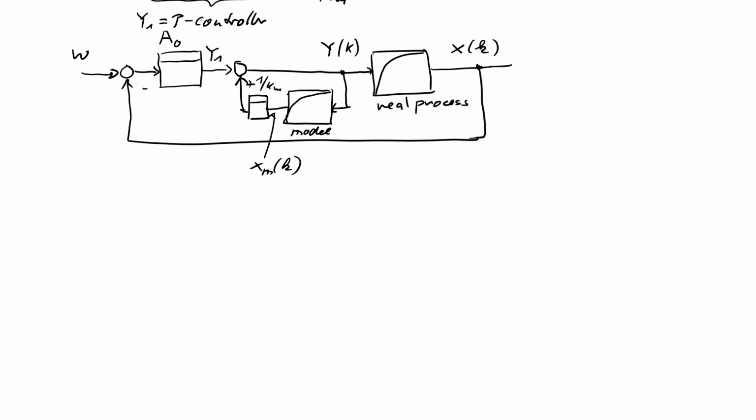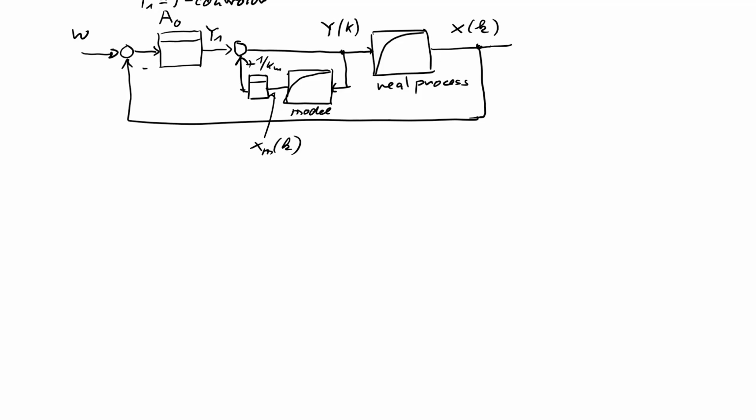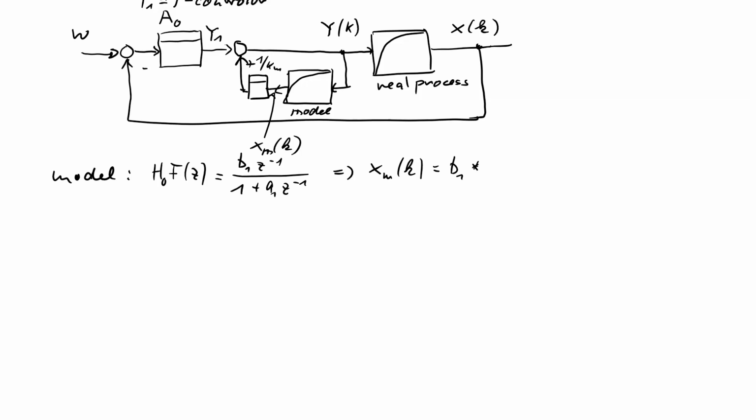We write some equations. Start with the model. The model has a model transfer function, the well-known b1 z to the power of -1 divided by 1 plus a1 z to the power of -1. This leads to an algorithm equation: xm of k, coming out of the model, is calculated with b1 times y of k minus 1.